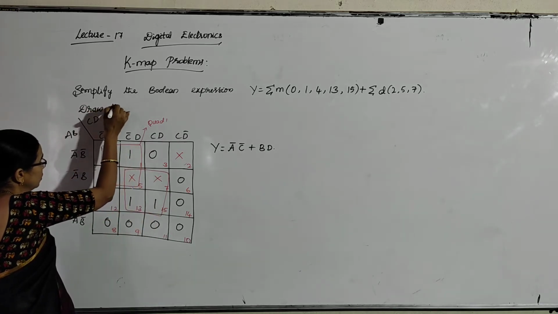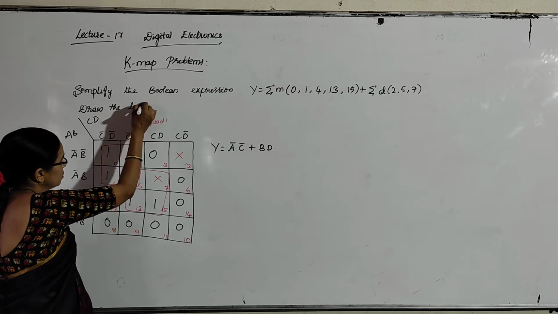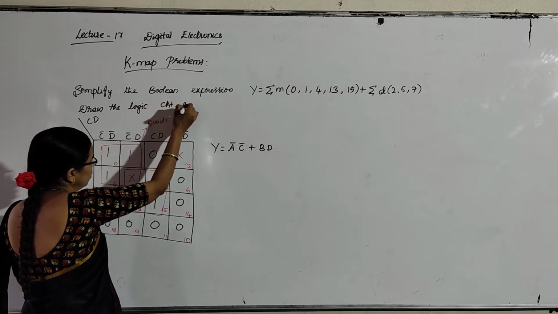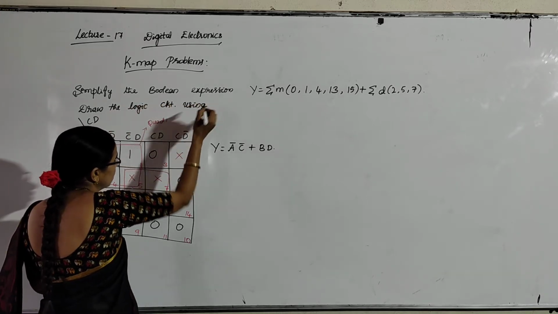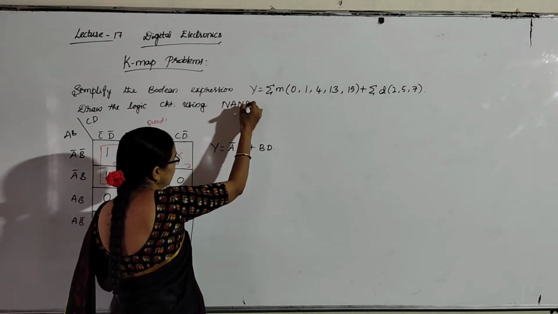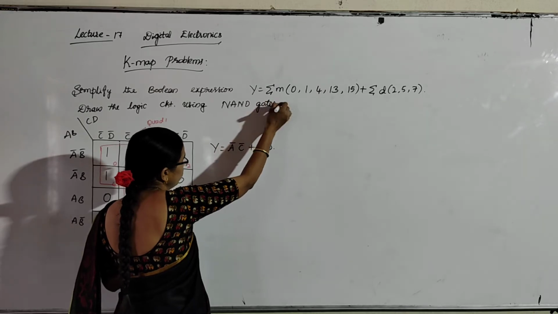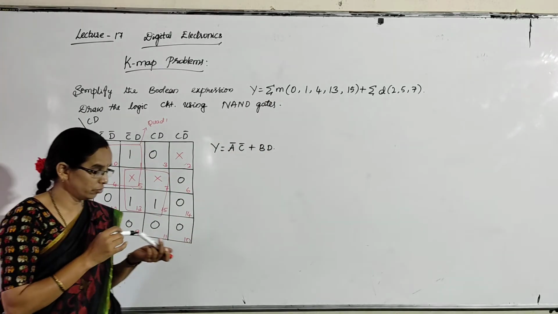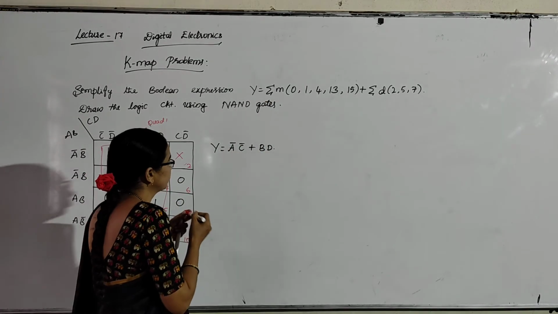Sometimes they ask to draw the logic circuit using basic gates, or sometimes they will give NAND gates. Basic gates you know how to draw. I will draw this logic circuit using NAND gates.